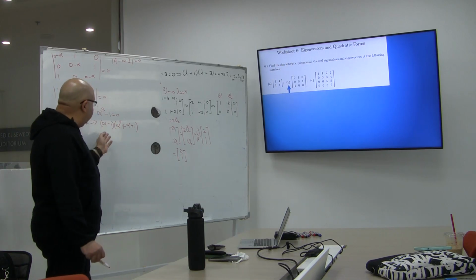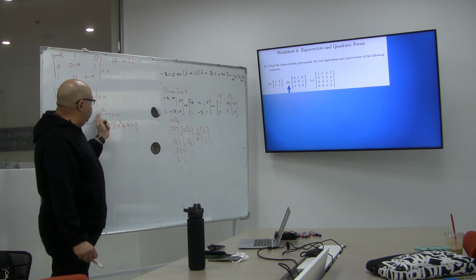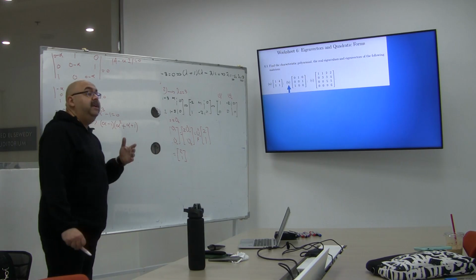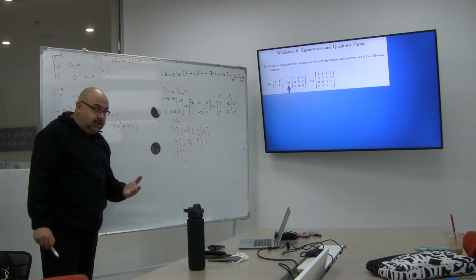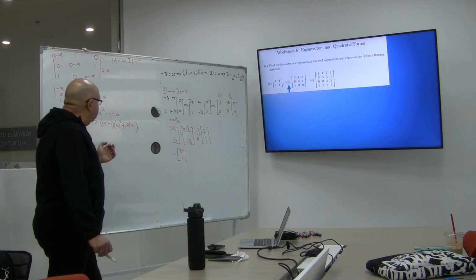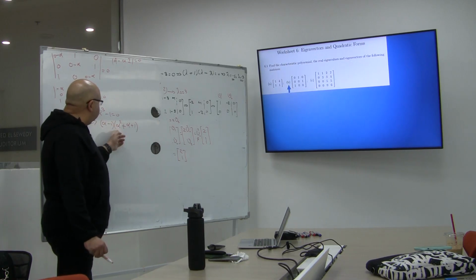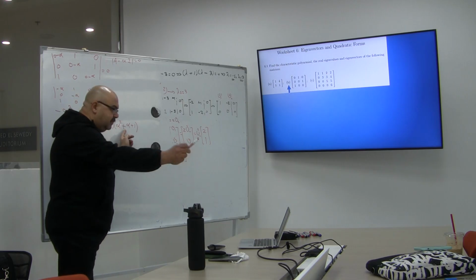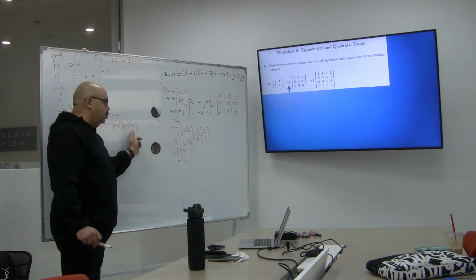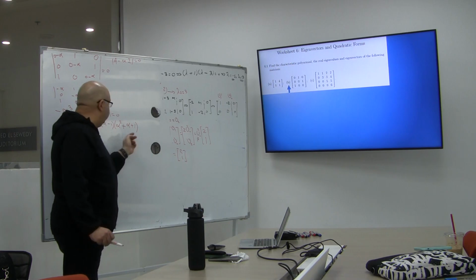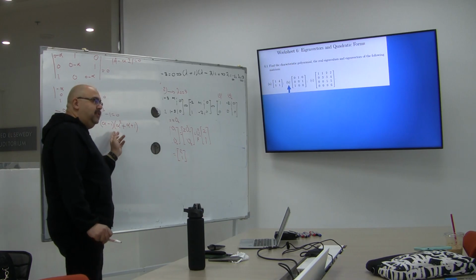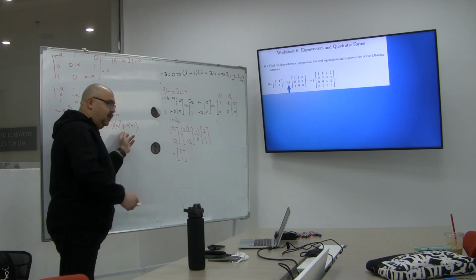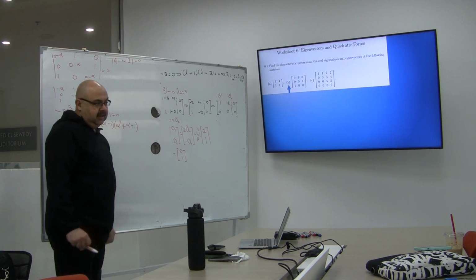Alpha times alpha squared is going to be alpha cubed. Then alpha times alpha is positive alpha squared, then alpha times 1, positive alpha. Using the negative 1, it will give you negative alpha squared, so it will cancel it. Then negative alpha will cancel it also. Then you will have negative 1, exactly like that.